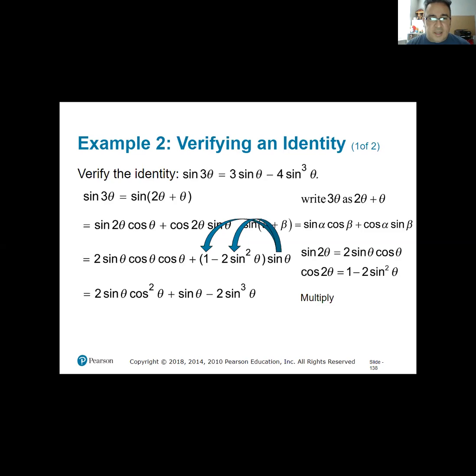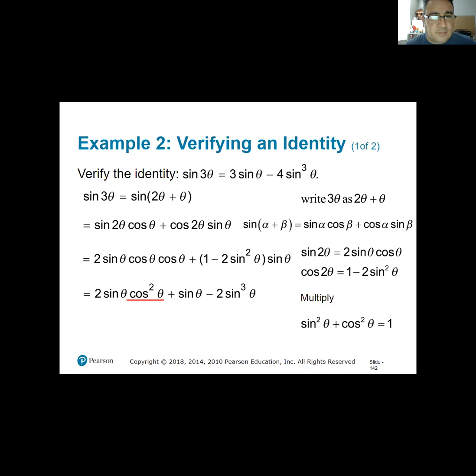We're getting there. We're getting close. All that we have left is what? We have to deal with this guy over here, right? That cosine squared theta, right? Well, I remember that one of the Pythagorean identities says that sine squared theta plus cosine squared theta is equal to 1. Good job, Christopher.